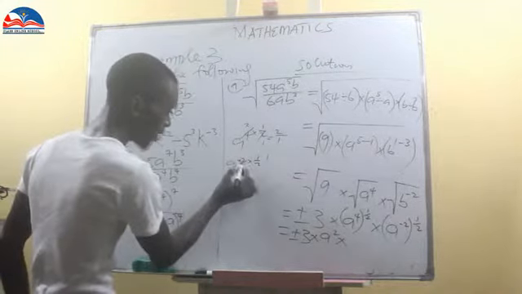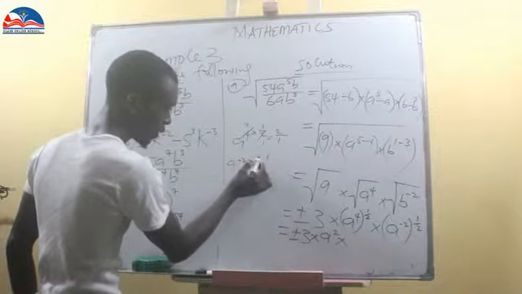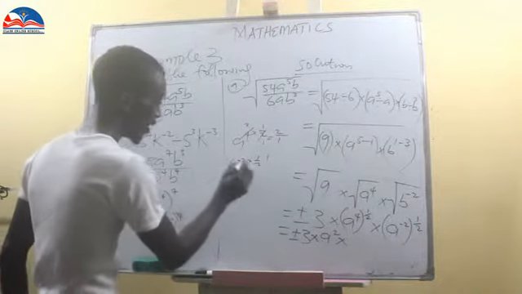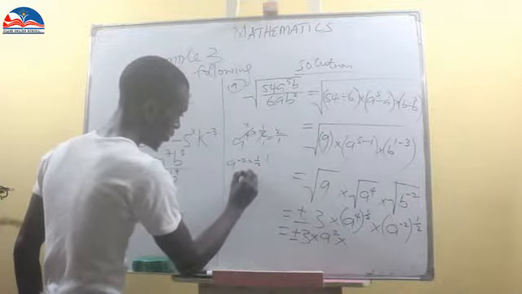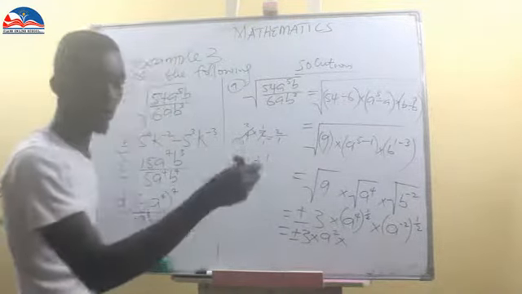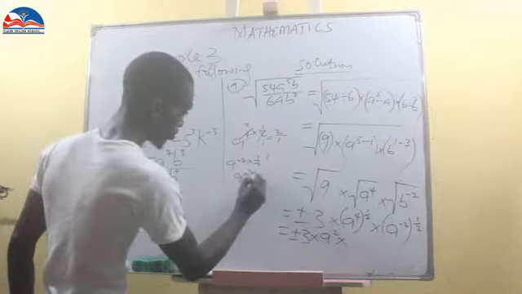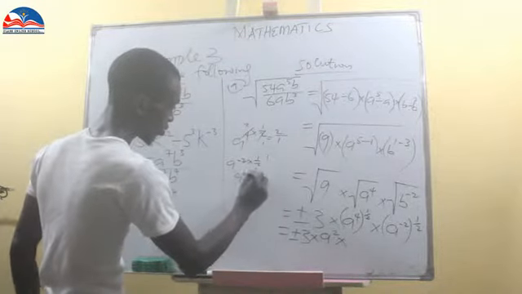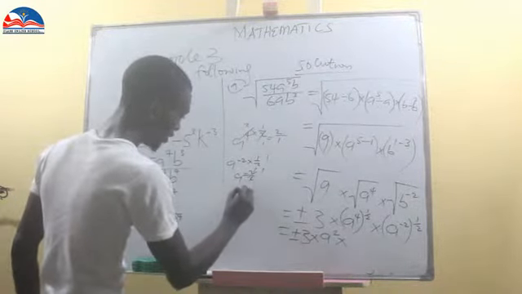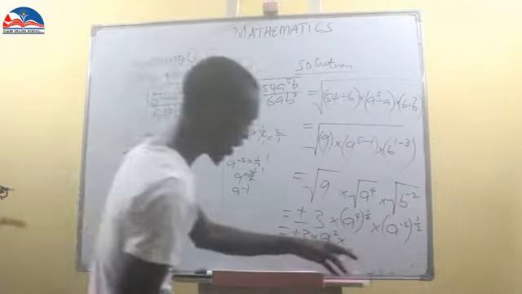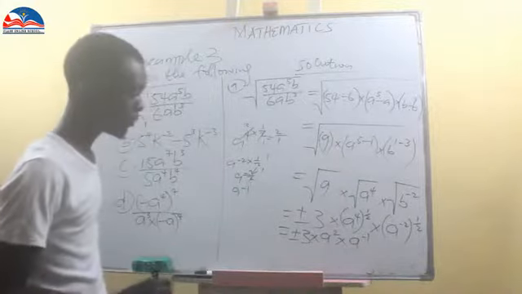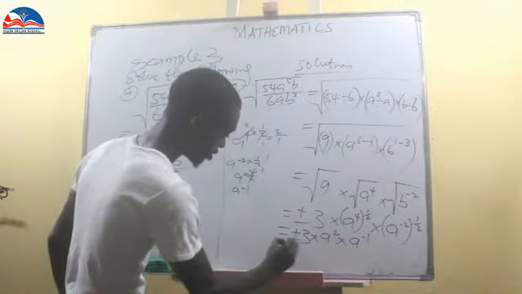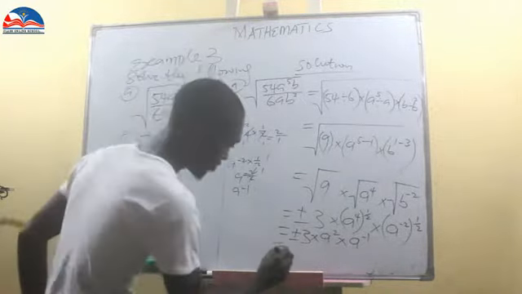So minus 2 times 1 over 2 is minus 2 over 2, and 2 divided by 2 gives 1. So I want to have a index minus 1. You see? So here, it is equal to, our plus or minus remains.